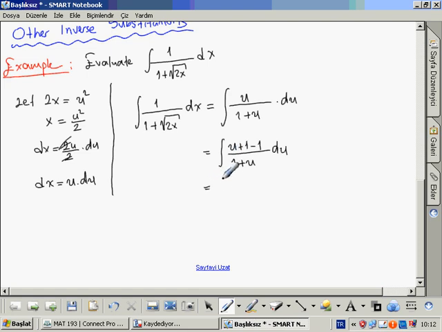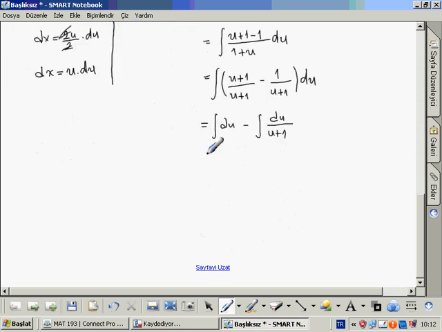After that, the integral of du minus the integral of du over u plus 1, and it is equal to u minus ln absolute value of u plus 1.